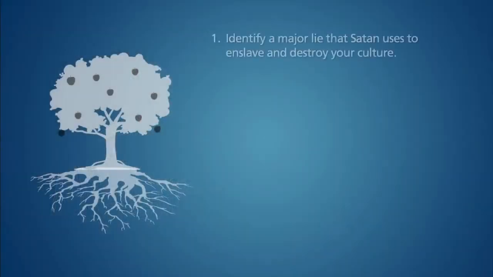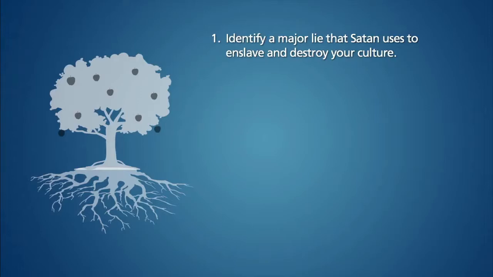Now we're going to begin the lab exercise portion of the ABCs of culture, and we're going to do a couple of things. First, we're going to have you identify a lie that Satan is using to destroy or enslave your particular culture. Secondly, we're going to analyze that lie in a number of different ways.